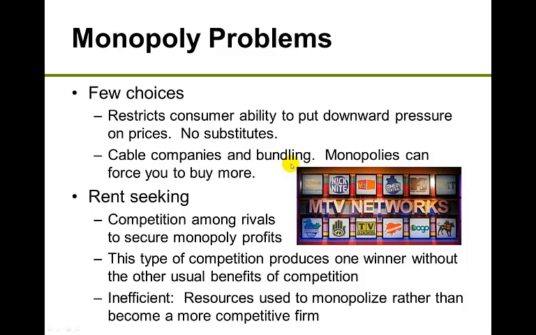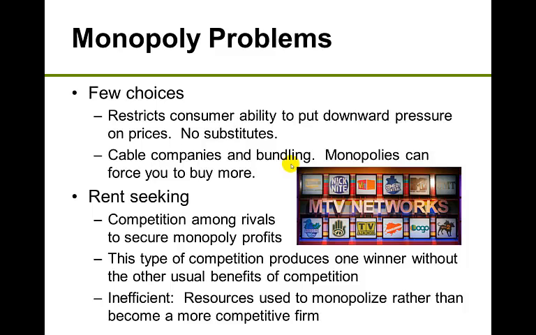Monopolies also lead to something called rent-seeking. And rent-seeking is a situation where companies expend resources not trying to make a better product or a product at a lower price, but trying to establish market power and monopoly power.